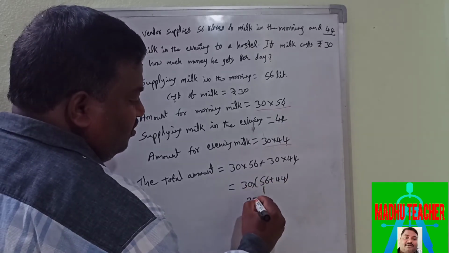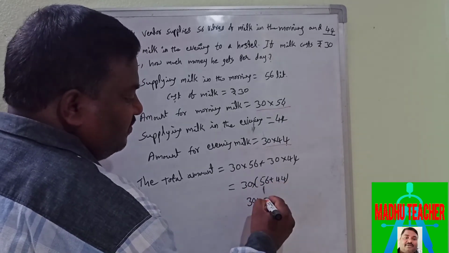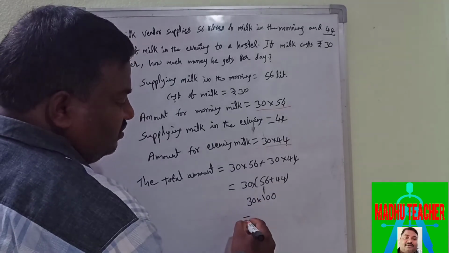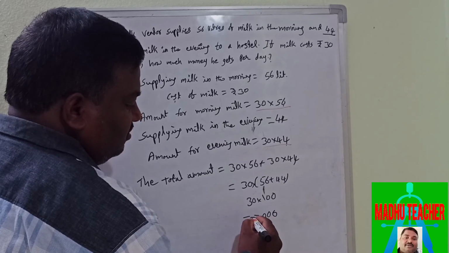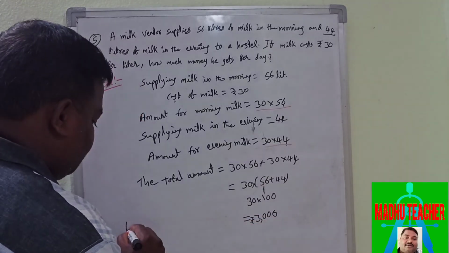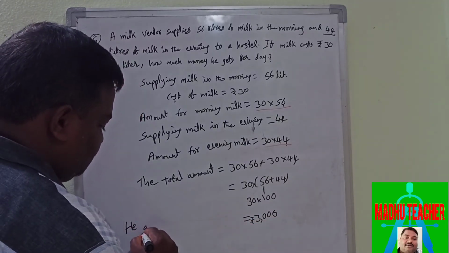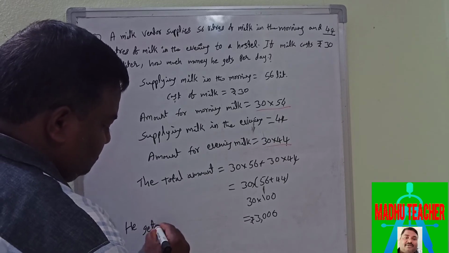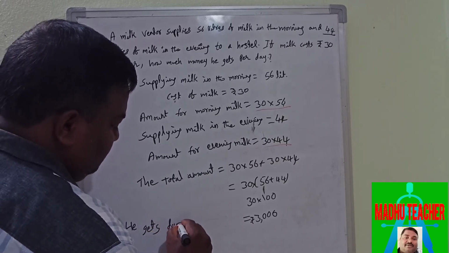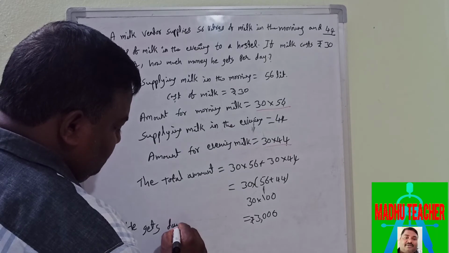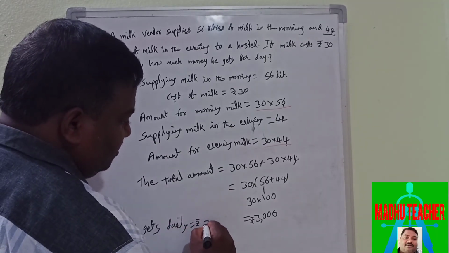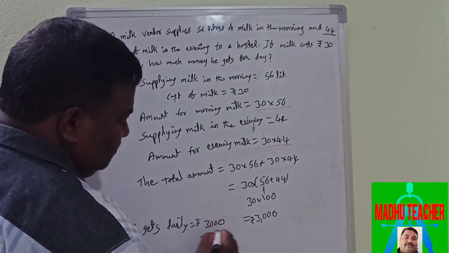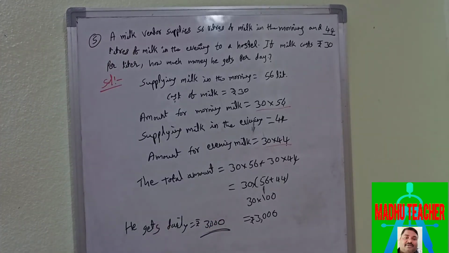So here 30 into 56 plus 44, 100. So that is equal 30 into 100, 3000. Okay, he gets daily how much? Rupees 3000. Okay, like this you can find the answer.